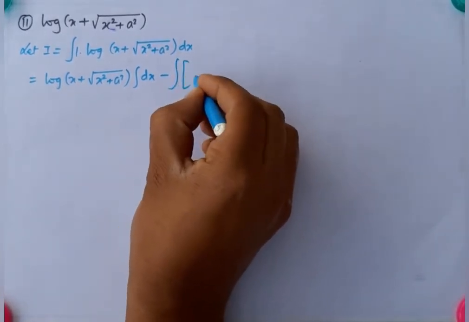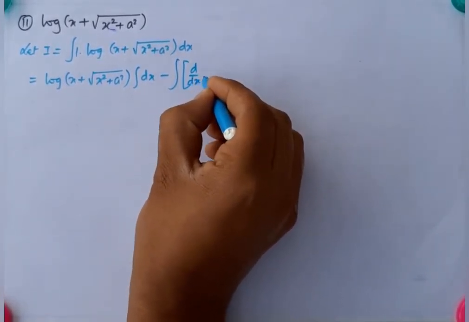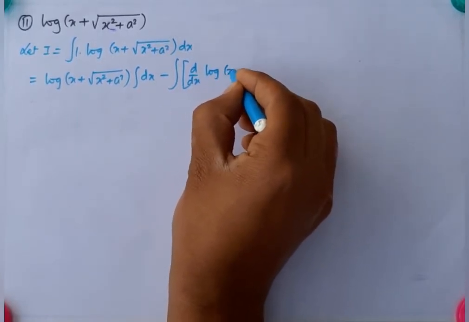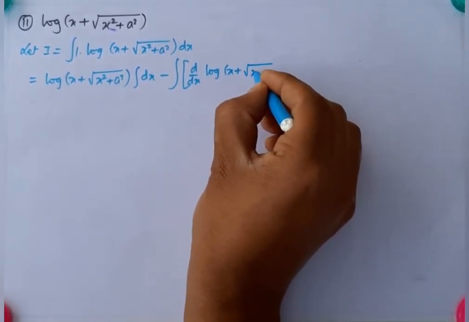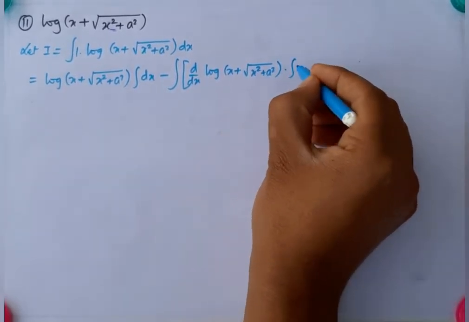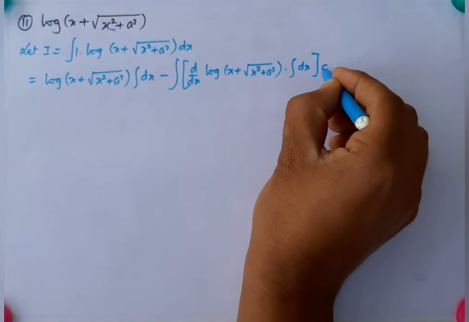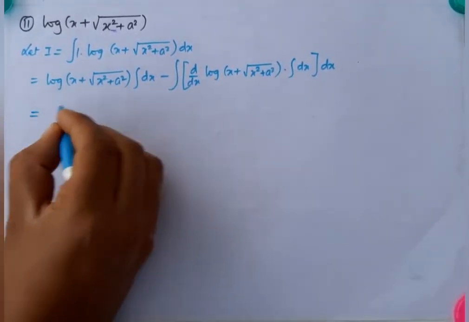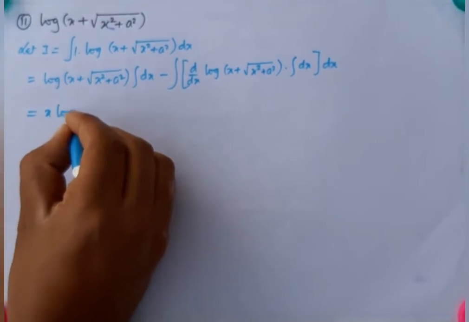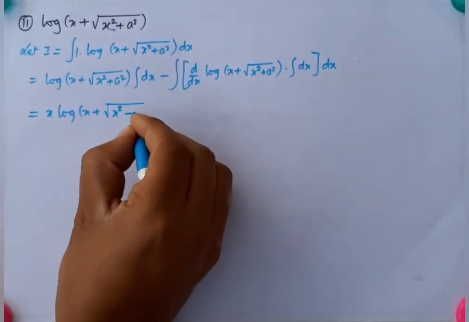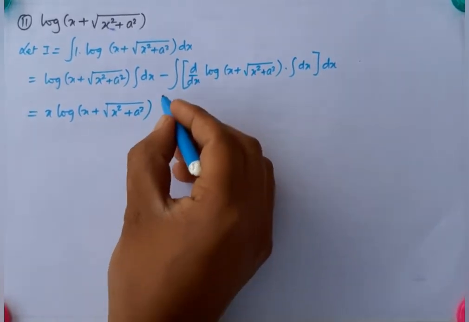Now minus the integral of the differentiation of the first, that is d/dx of log of x plus square root of x square plus a square, into the integral of dx. Now one more integral sign. Okay, so this is x log of x plus square root of x square plus a square.